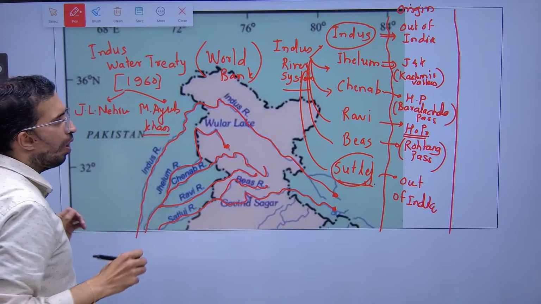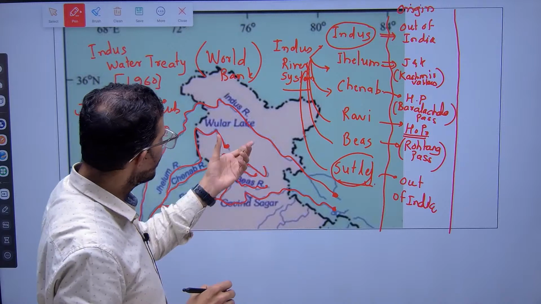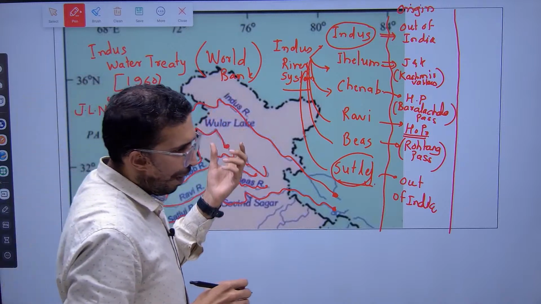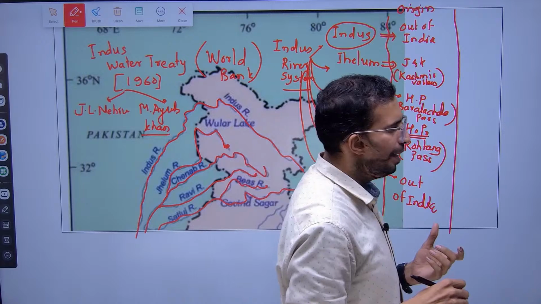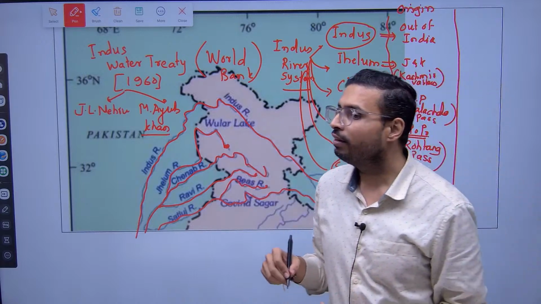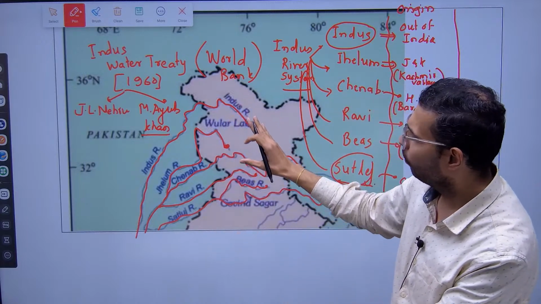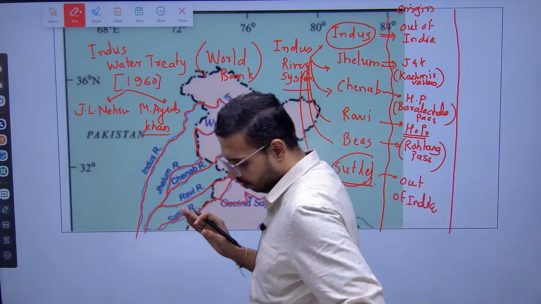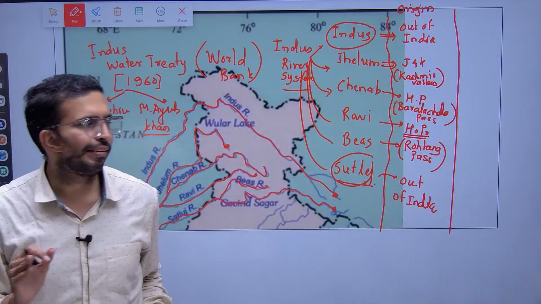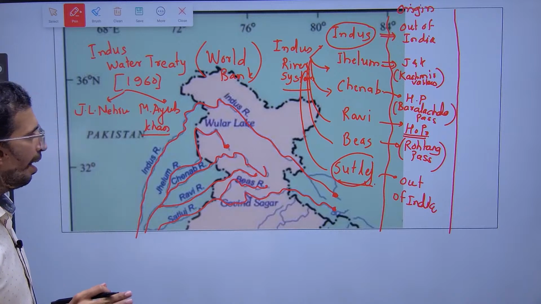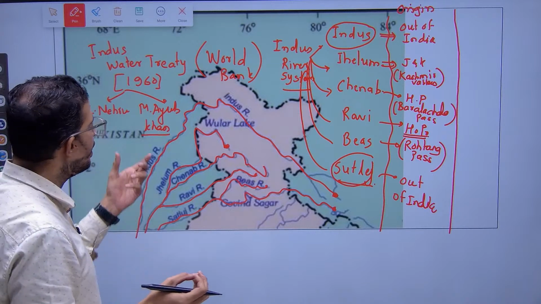This is a water sharing agreement, because Pakistan is heavily dependent on this water. So the water sharing agreement was done in 1960 between India and Pakistan. What were the provisions under this treaty?